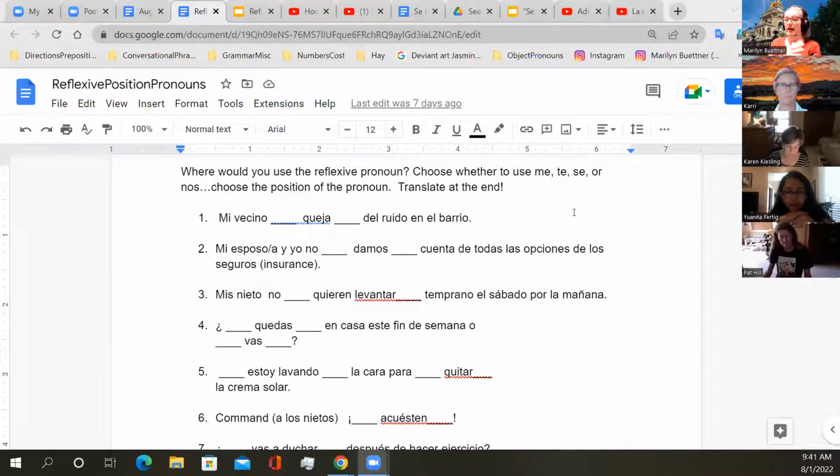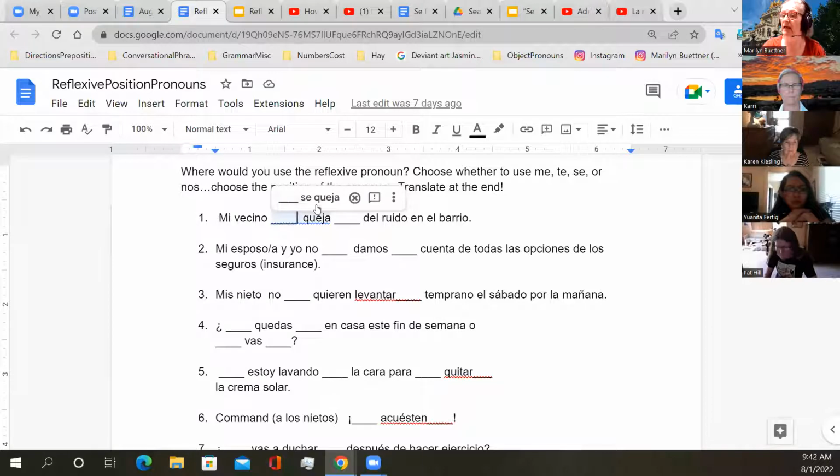My neighbor, and that might be any of those scenarios. Where would you put the pronoun? We got little blanks because we'll show you where it might possibly be. Where would you use the reflexive pronoun? My neighbor complains about the noise in the neighborhood. Se queja. And it has to be up there.